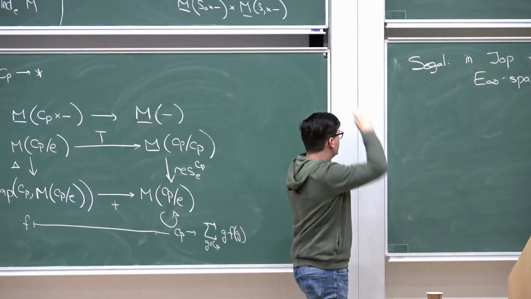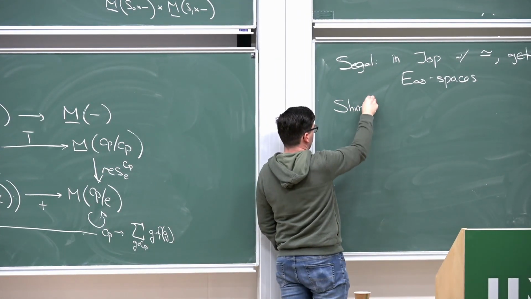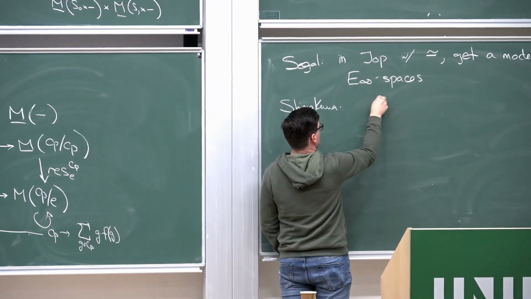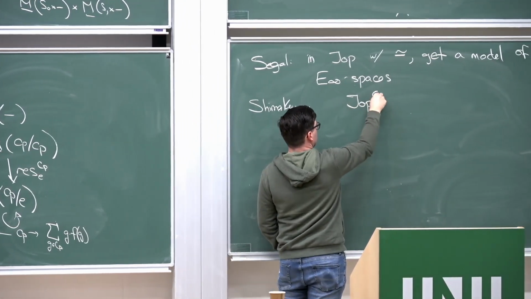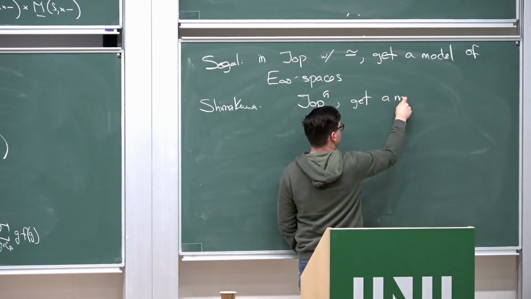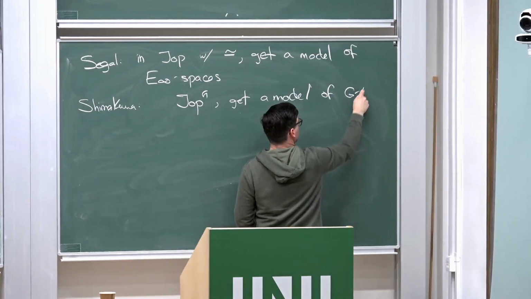And if I do the same thing here, then I have to add Shimakawa's name. I get, in G-top, a model of G infinity spaces.